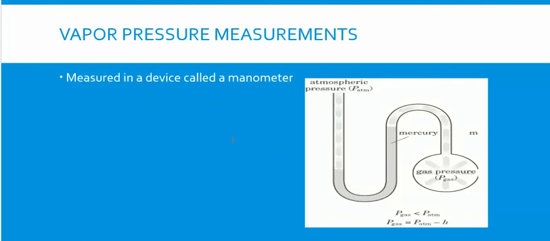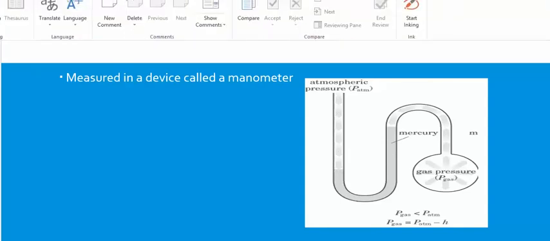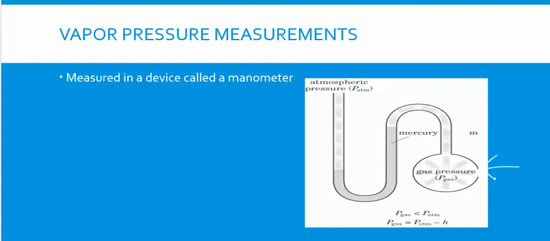You can measure vapor pressure or gas pressure in a device called a manometer, which is just a curved glass tube. You have your gas of interest over here, and that gas exerts a pressure as the molecules collide with the walls of their container.